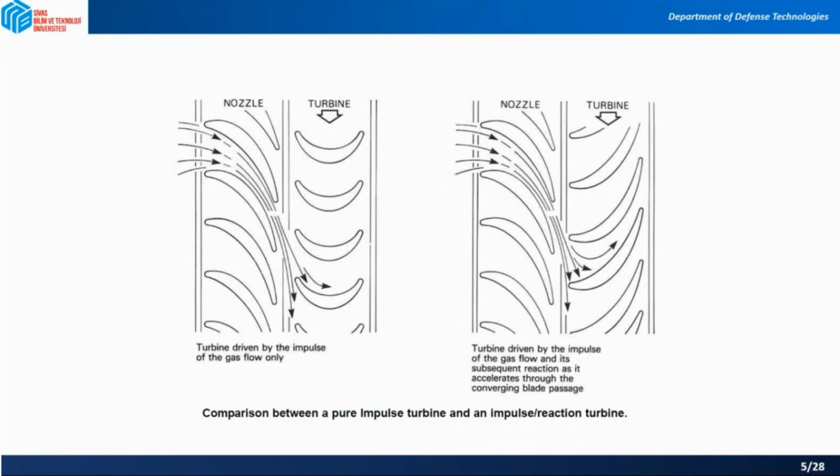In the impulse type, the total pressure drop across each stage occurs in the fixed nozzle guide vanes. Because of their convergent shape, the gas velocity increases and the pressure decreases.